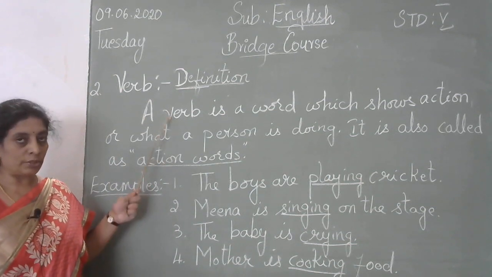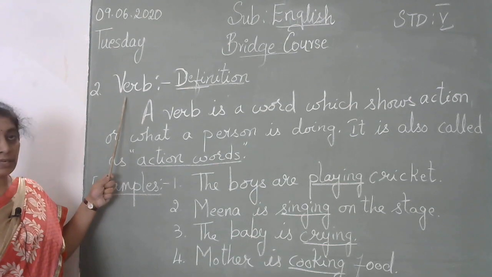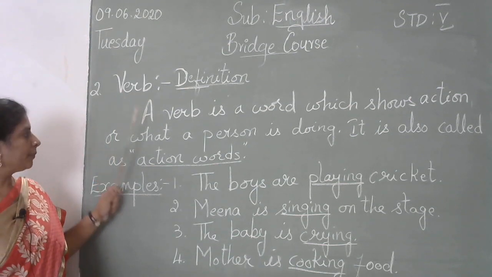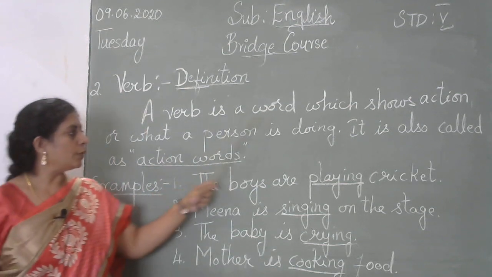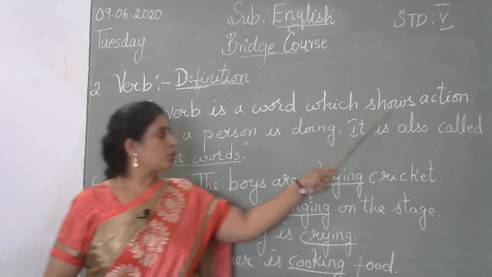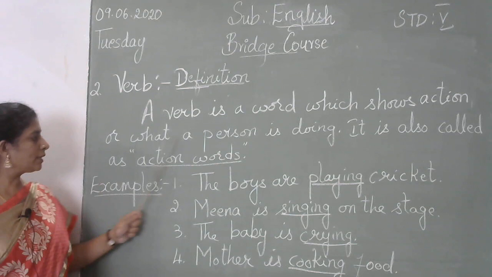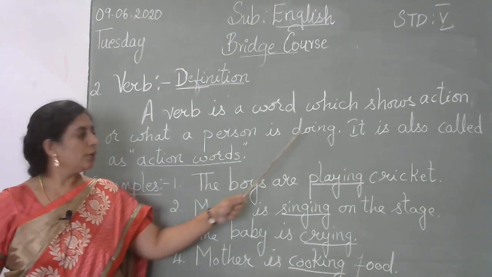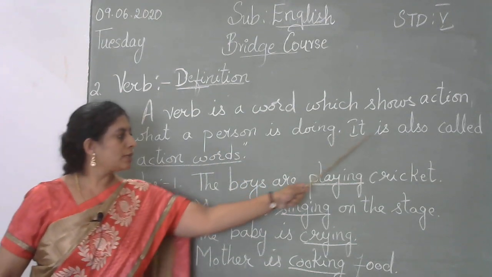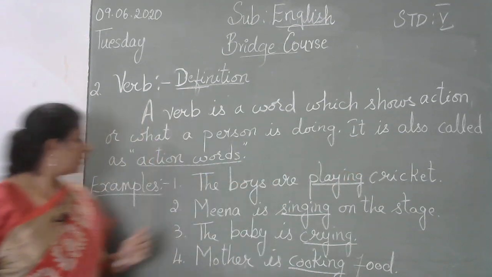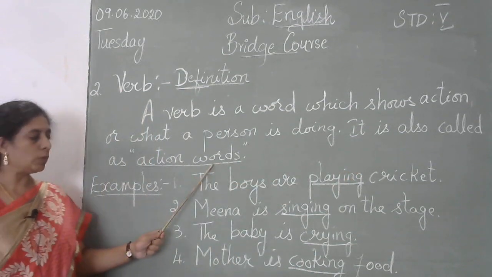Once again listen to the definition. A verb is a word which shows action or what a person is doing. It is also called action words.